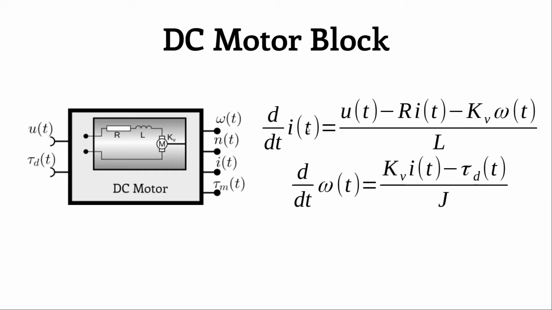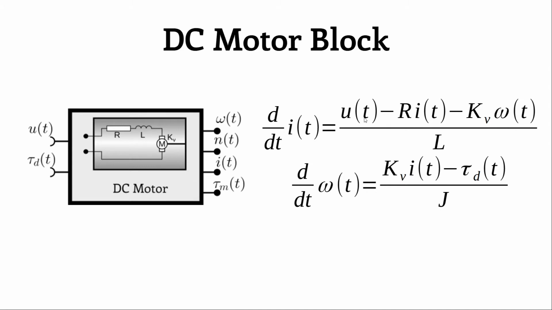And we have these two equations for the change of current through the coil and the change of angular velocity of our axle. Here, this is the input voltage, this is the voltage drop on the resistor, and this is the induced voltage on the motor coil.